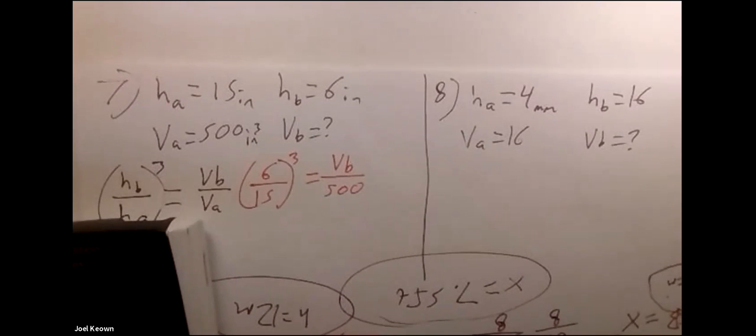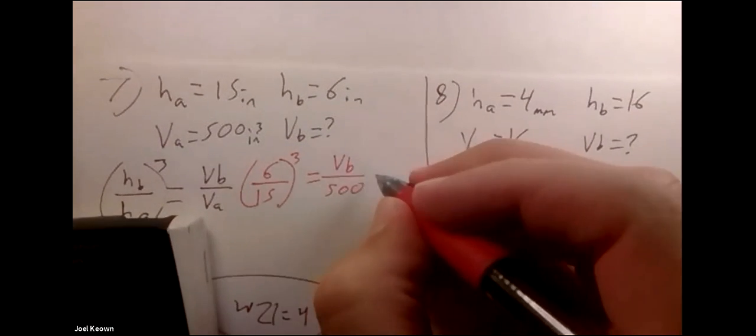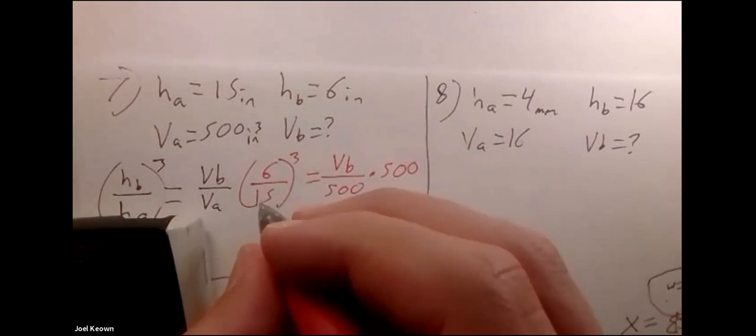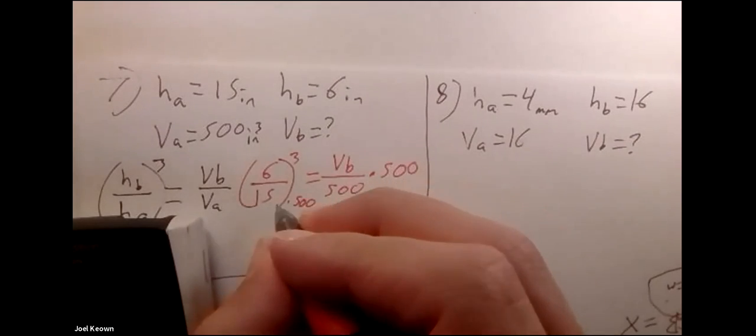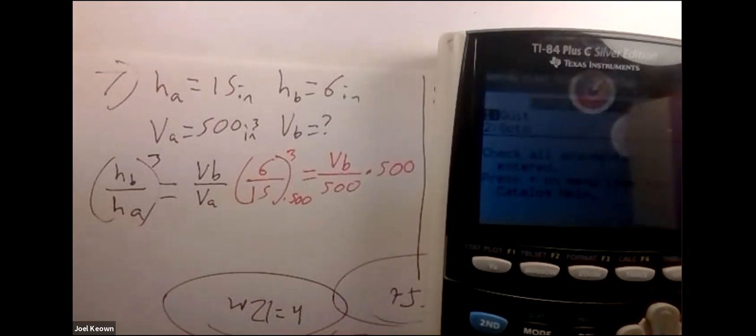Okay, well, I can plug this in my calculator and then multiply everything by 500, and that will give me V of B, so times 500 for both sides. Throw it in my calculator: in parentheses, 6 divided by 15, cubed, and then multiplying by 500.